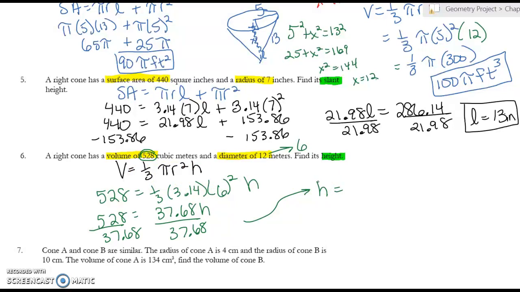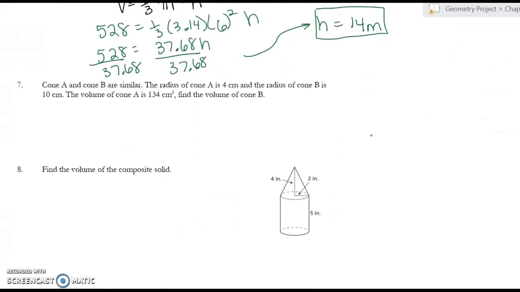But you need to start with that formula and just start plugging stuff in. So this is also 14.01, so I'm going to just keep it at 14. The reason it's probably 14.01 is because they probably used the pi button versus 3.14, which I'm using. Okay? Questions? If so, go back and look. I think you can get it once you watch it again.